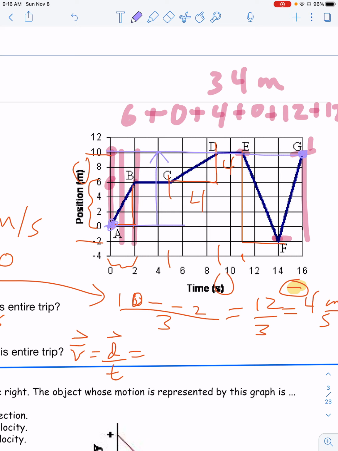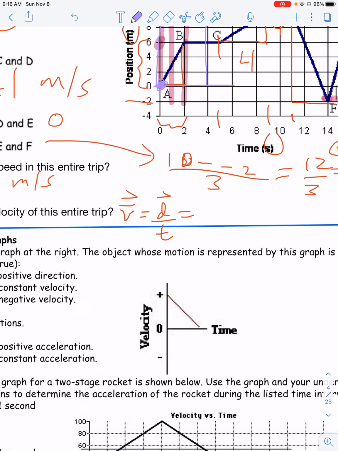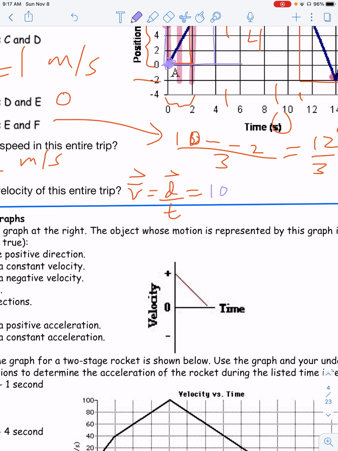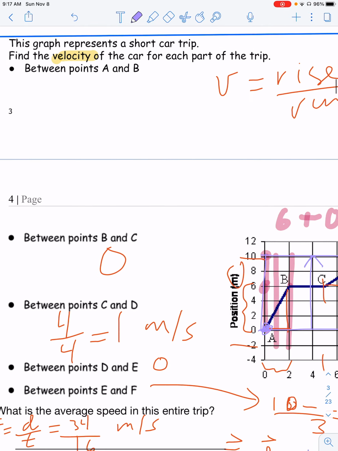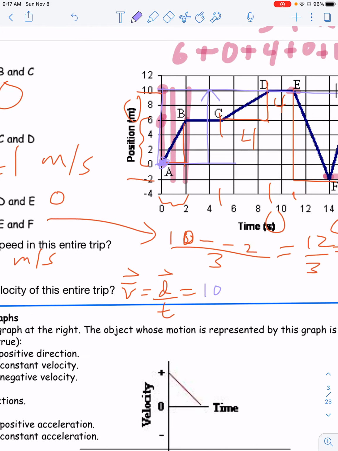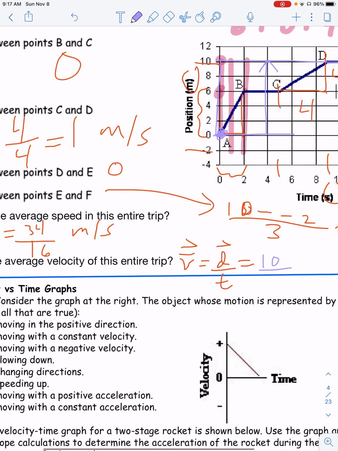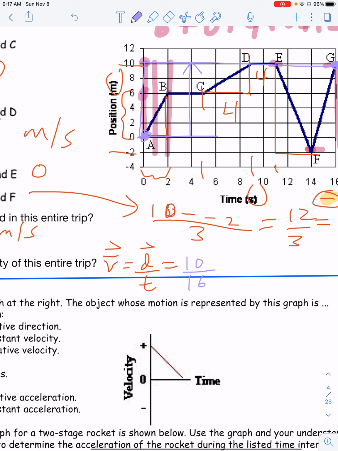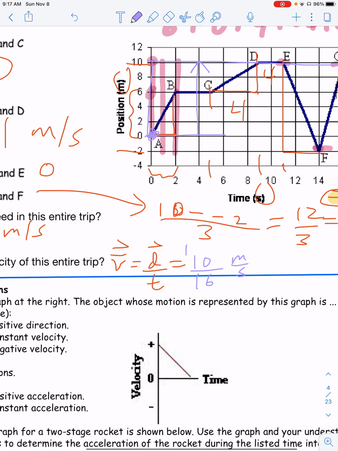So that'd be 10 over the same amount of time, 16, so 5/8 meters per second, and it'd be positive because he ends up above the starting point.